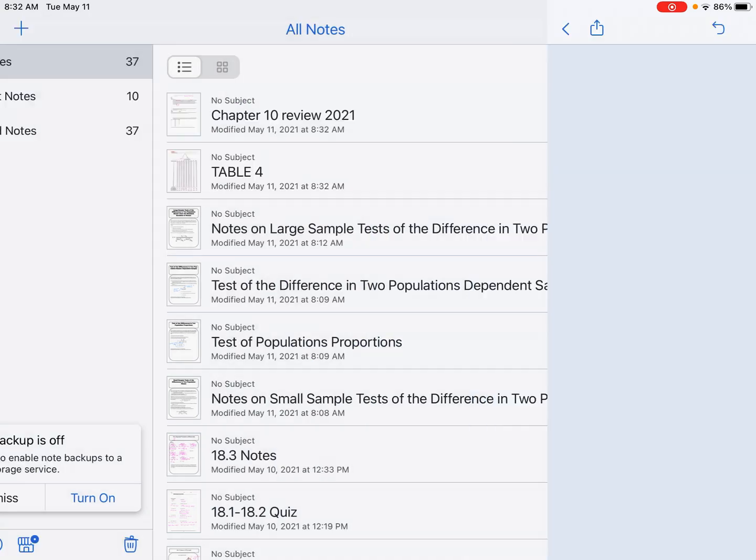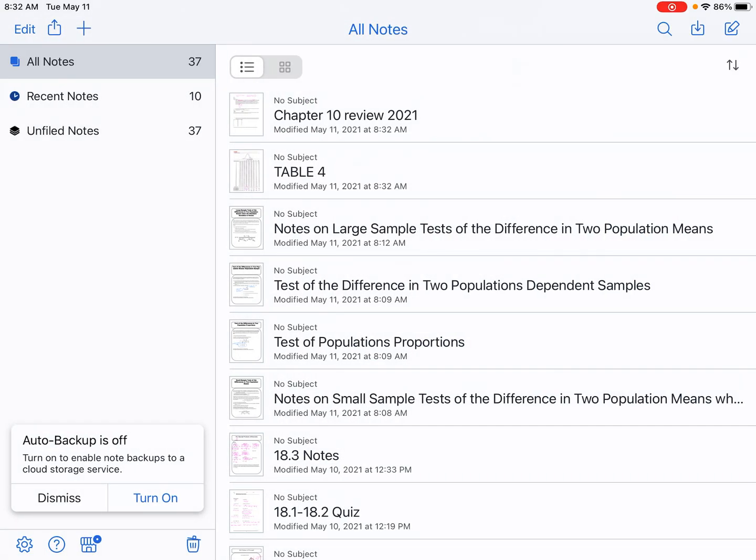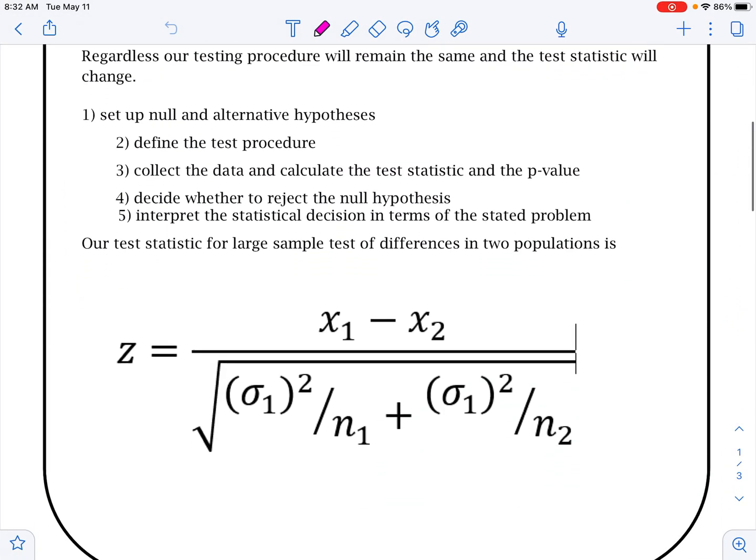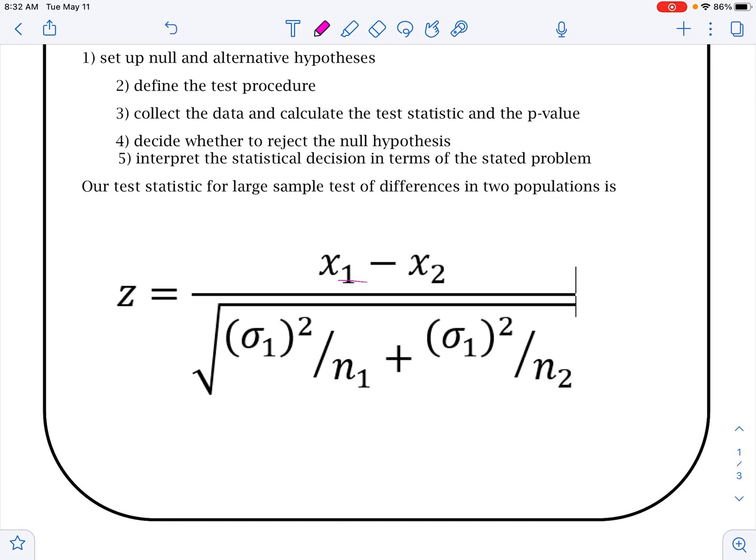Our equation, just to point out, for large sample is right here. So we're using this one. The difference of the 2 means, so this is the mean and the mean, or the average. This is the standard deviation 1 squared, standard deviation 2 squared. This is our sample size. N1 and N2, those are our sample sizes.